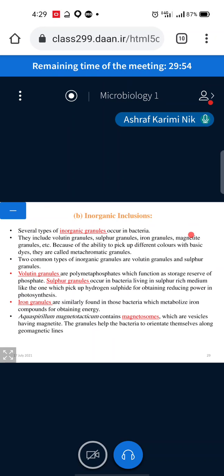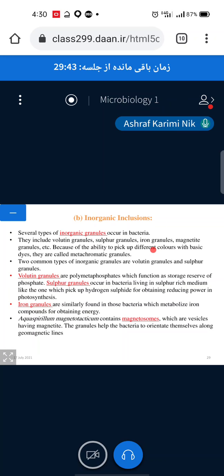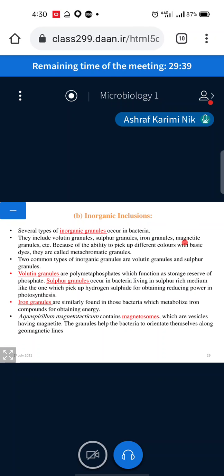And iron granules, found in iron oxidizing bacteria, for example Gallionella, Caulobacter. And magnetic granules, for example in Aquaspirillum.